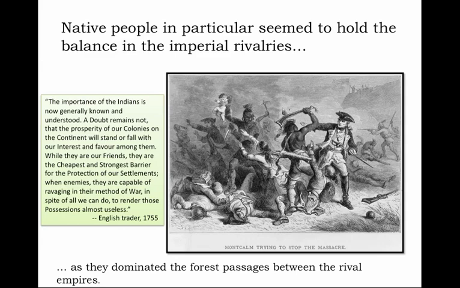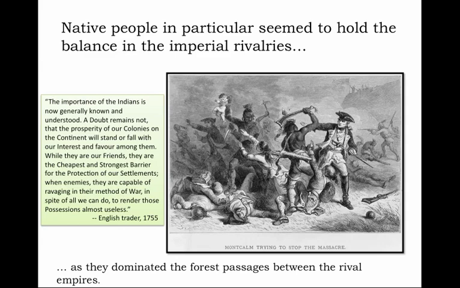As an English trader put it in 1755, "The importance of the Indians is now generally known and understood. A doubt remains not that the prosperity of our colonies on the continent will stand or fall with our interest and favor among them. While they are our friends, they are the cheapest and strongest barrier for the protection of our settlements. When enemies, they are capable of ravaging in their method of war, in spite of all we can do, to render those possessions almost useless."